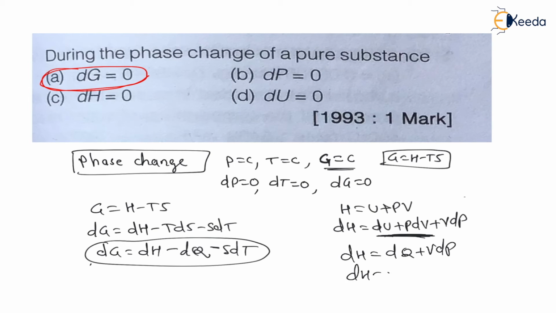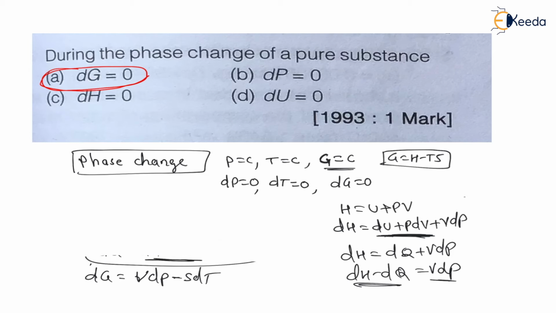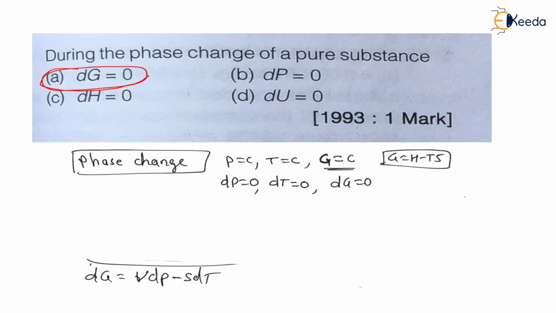Therefore, dH minus dQ is equal to V dP. Therefore, replacing here, dG will become equal to V dP minus S dT. My dear students, from this we can say change in Gibbs function dG is equal to V dP minus S dT.